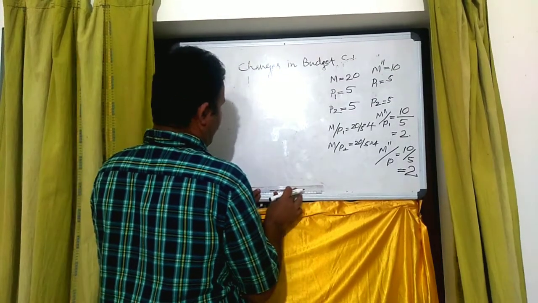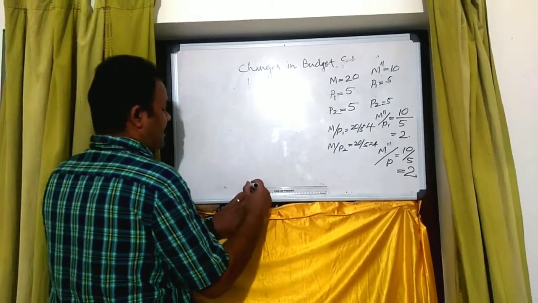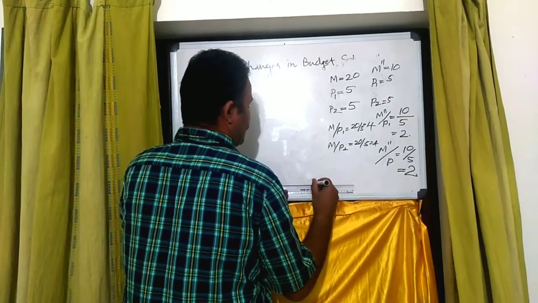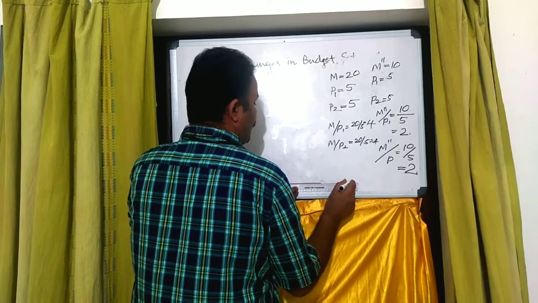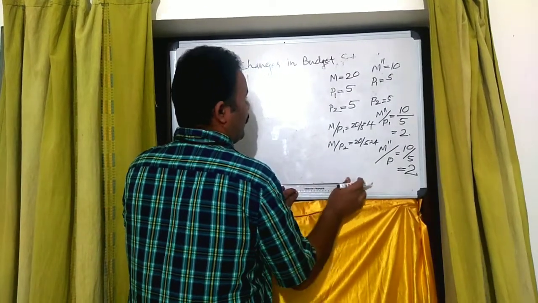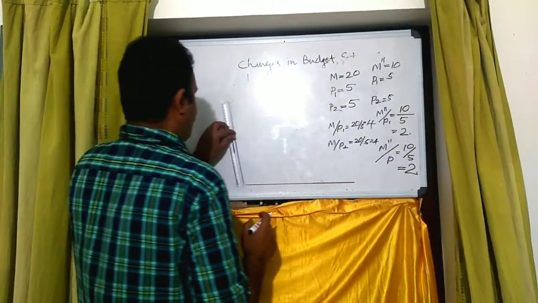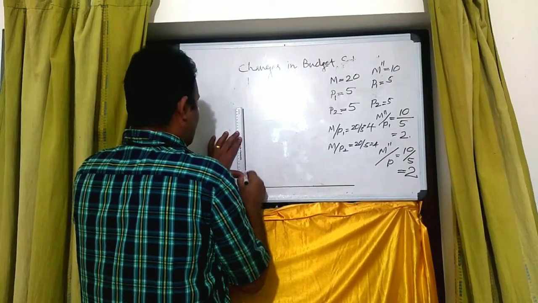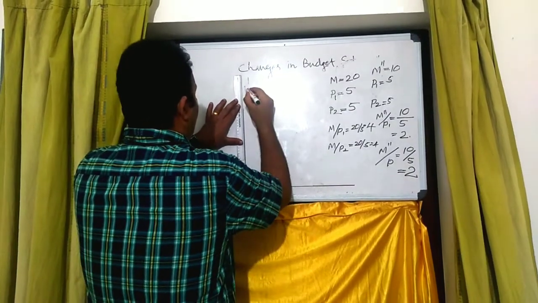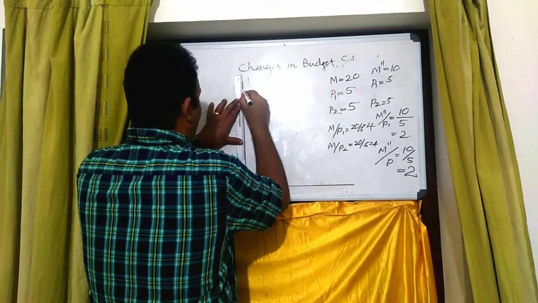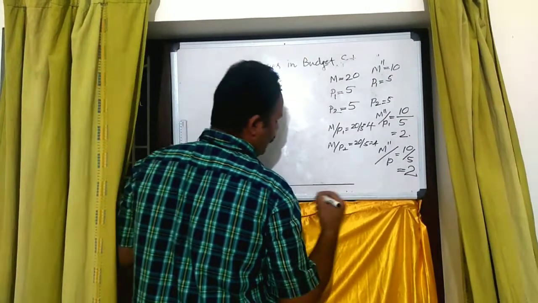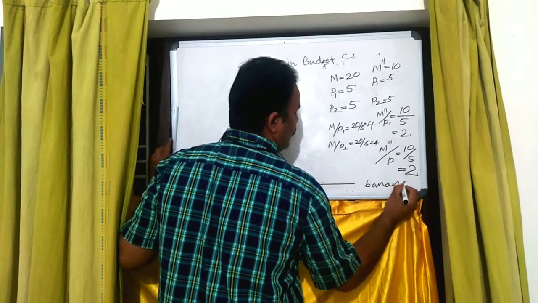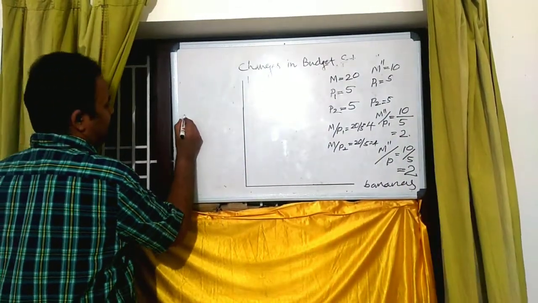Then we can draw the budget line here. We are drawing the x-axis here and the y-axis. Here we are representing bananas, and here we are representing mangoes.